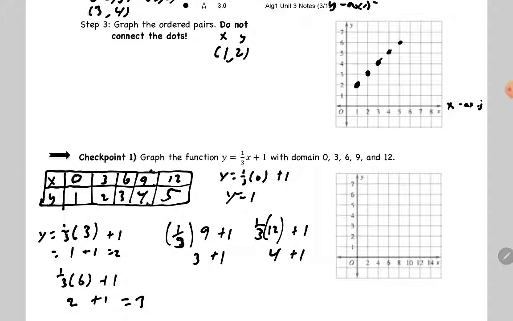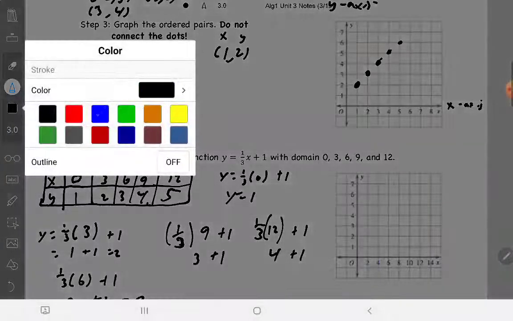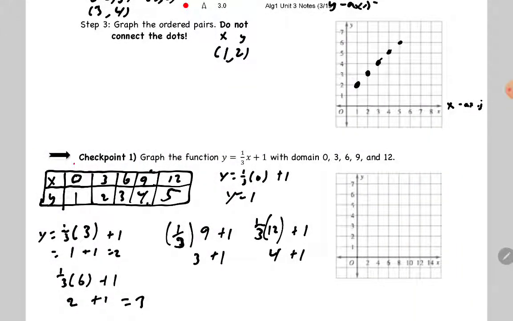Let's use a color here to make sure we all are understanding. So I have 0, 1 right here. My x goes to 0, which is right here, and then I go up 1 for my y. Okay, and then I go to 3, and go up to 2. 6 gives me 3. 9 gives me 4.